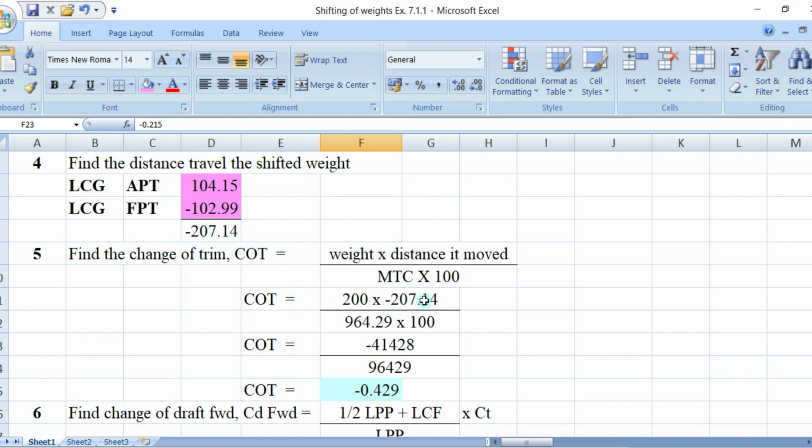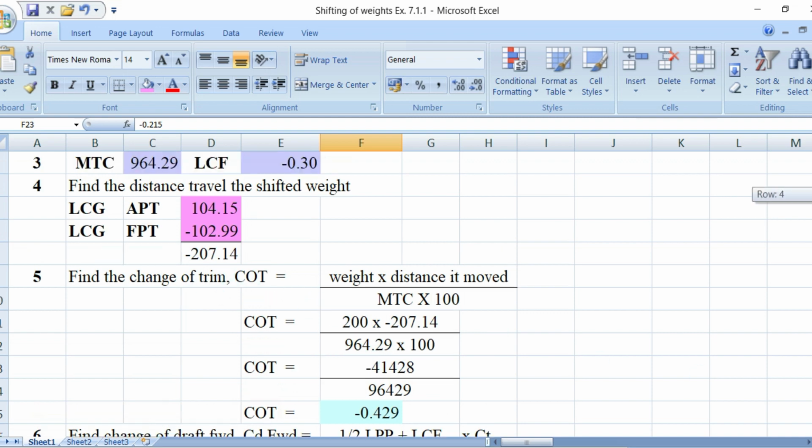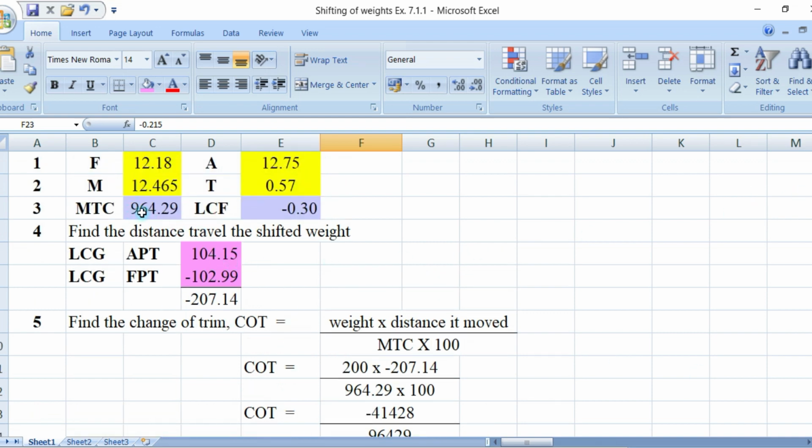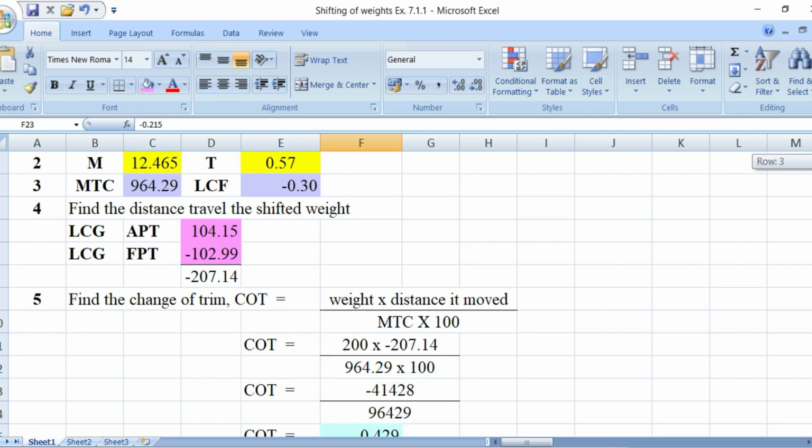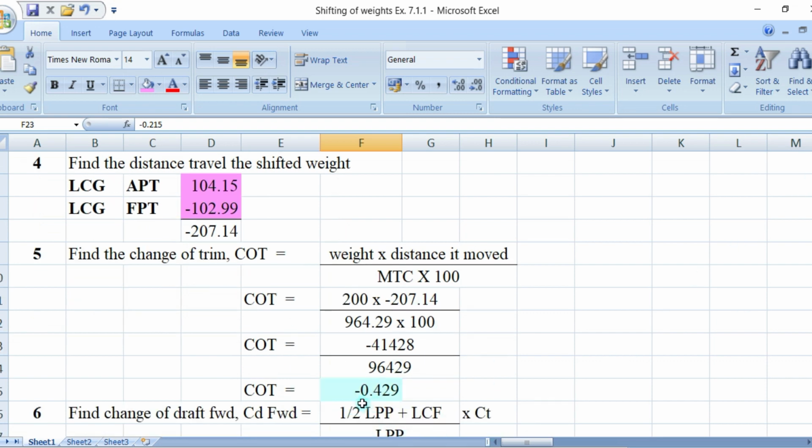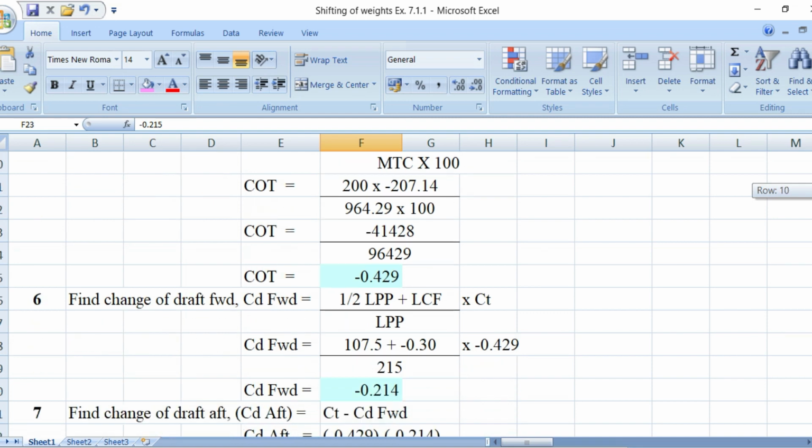So this is over MTC. MTC is 964.29 and times the constant of 100, and the answer would be, change of trim would be negative 0.429. That will be the change of trim.